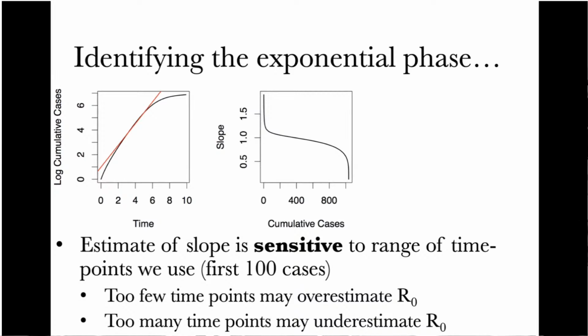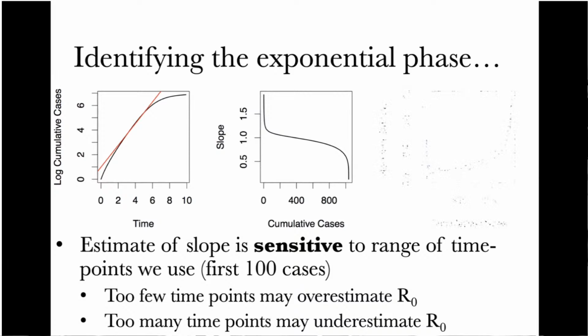If the slope is quickly changing, that's not really an exponential phase, because in an exponential situation the rate is supposed to be constant. And later, when you're looking at over 800, say, cumulative cases, there's a very big change here. It's supposed to be more of a flat region.